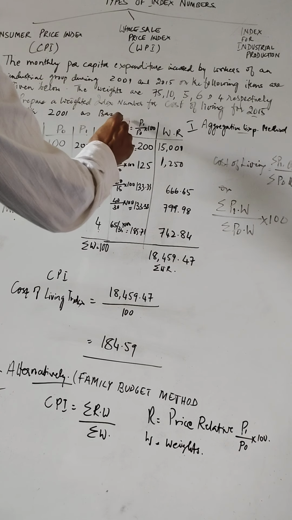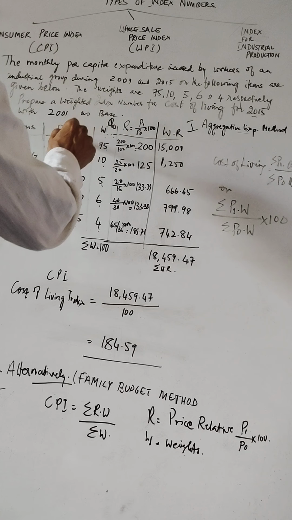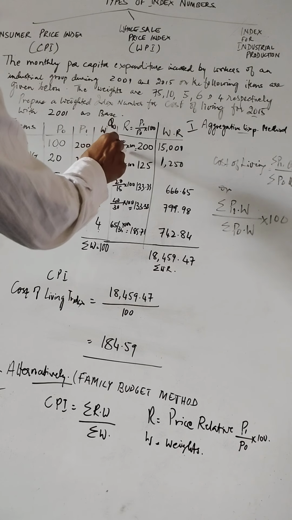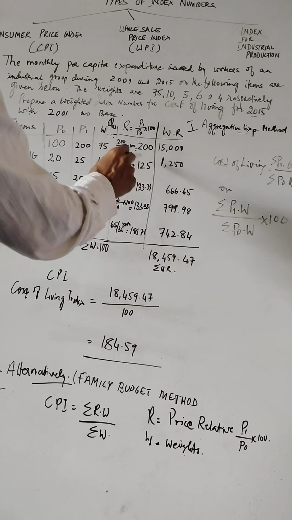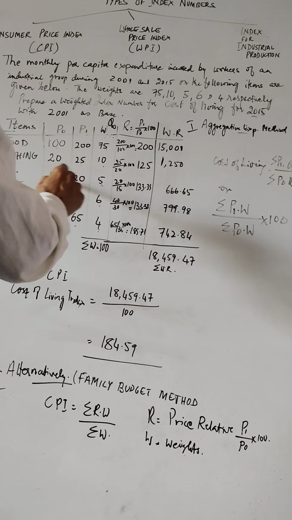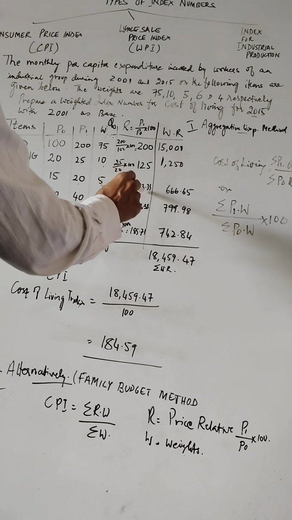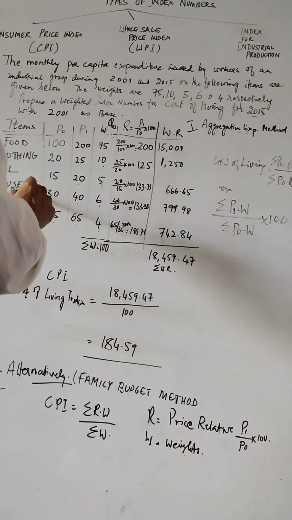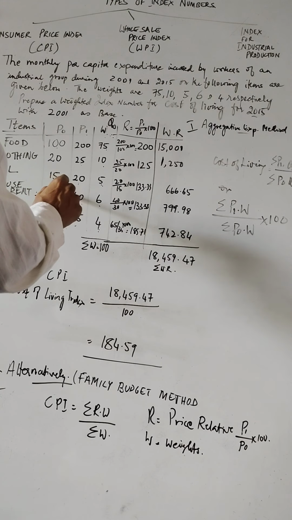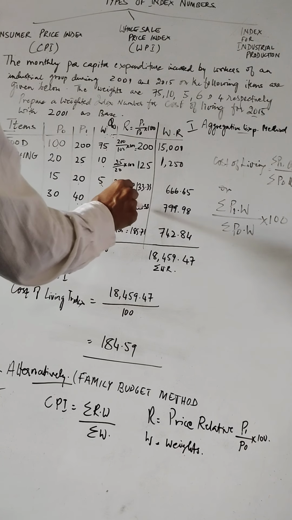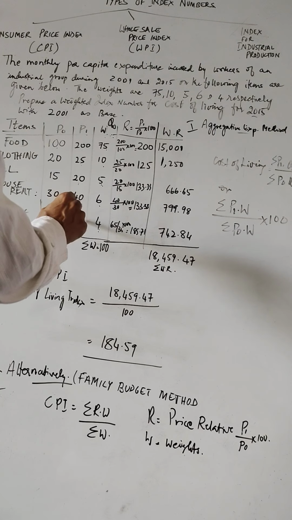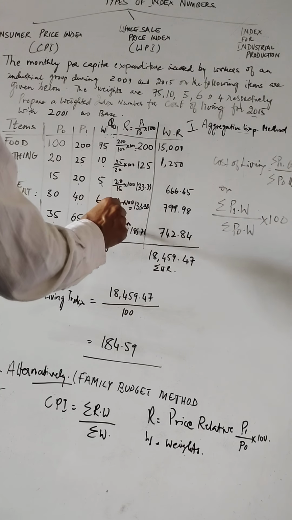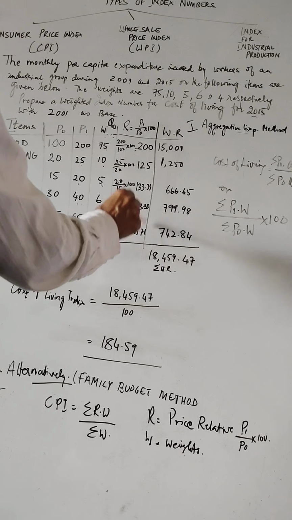So we first work out the price relative, that is P1, that is 200 upon 100 into 100. Then we do 25 upon 20 into 100. Then 20 upon 15 for fuel into 100, that is 133.33. House rent is P1, 40 upon 30 into 100, which is 133.33, and then miscellaneous is 65 divided by 35 into 100, that is 185.71.